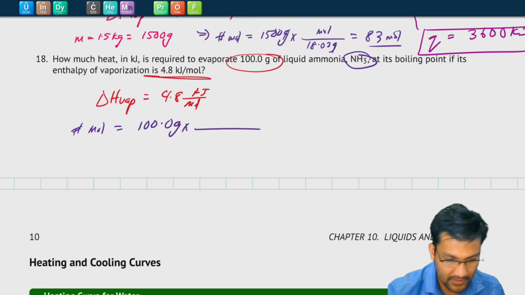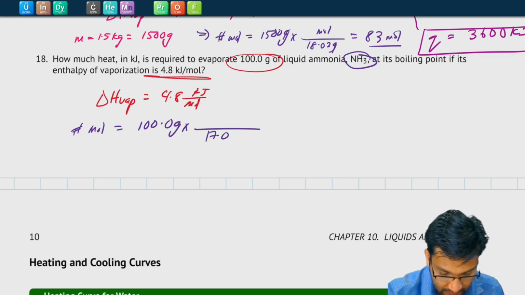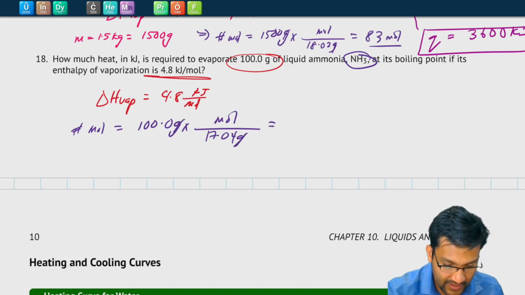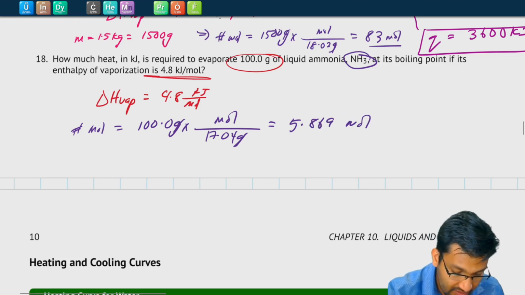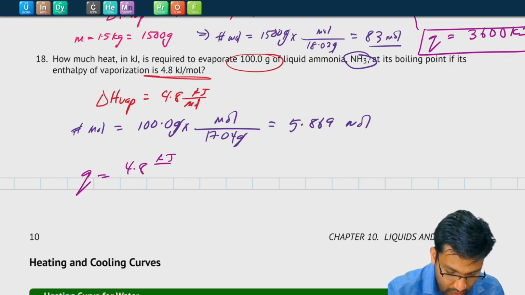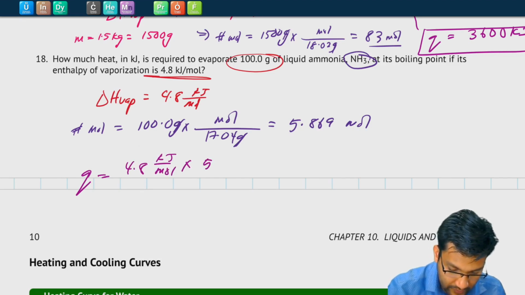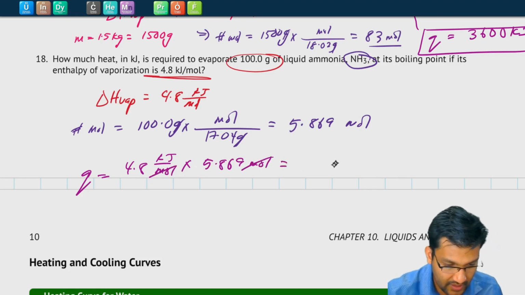So I think this is 17.04 grams per mole. So if I plug this in my calculator, I get 5.869 moles, 4 sig figs. So the heat, Q, will be the 4.8 kilojoules per mole multiplied by the 5.869 moles, which gives me 28 kilojoules to 2 sig figs.